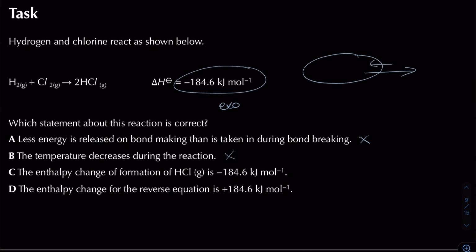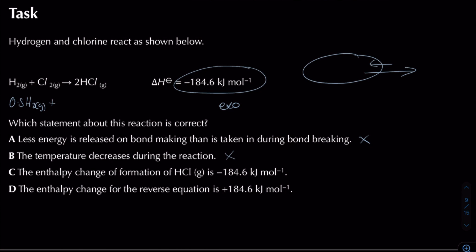If you look at the enthalpy change of formation of HCl, in terms of formation, we know that HCl, we need 1 mole of that. In this case, we've got 2 moles. It's saying that it's going to be negative 184.6 kilojoules per mole for the enthalpy change of formation, but we know it's going to be half that amount, because in order to have the enthalpy change of formation, we need to have half a lot of hydrogen gas.